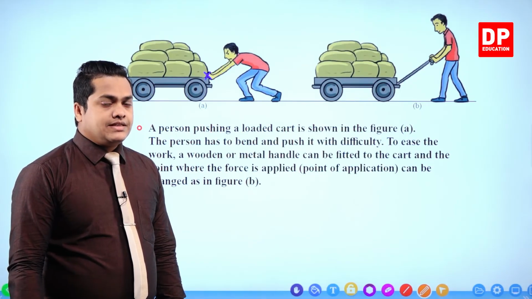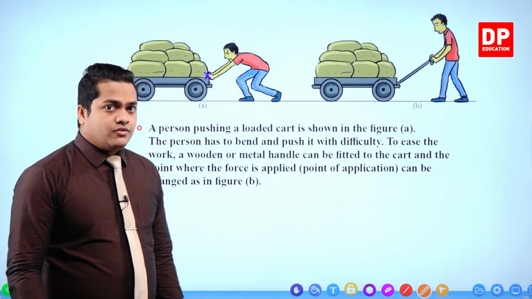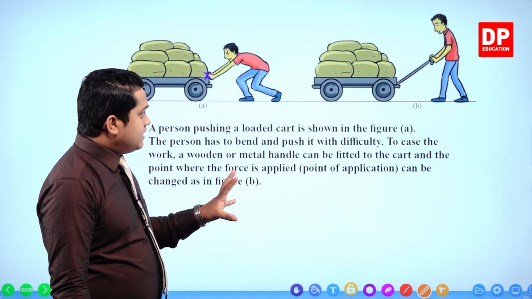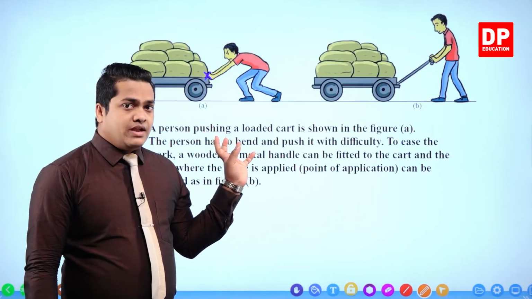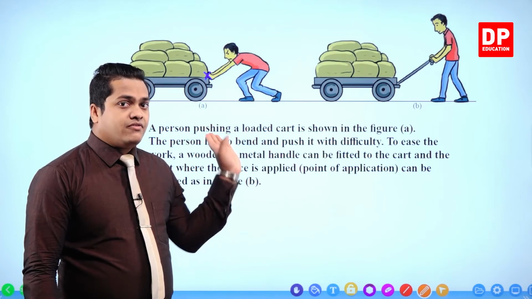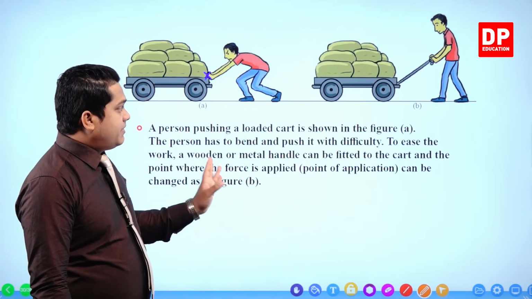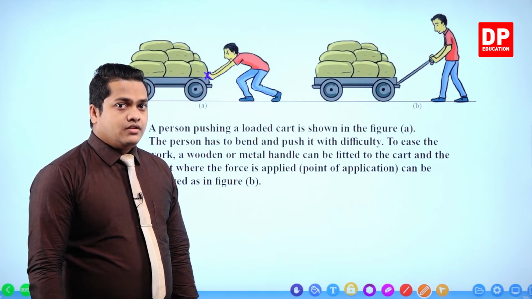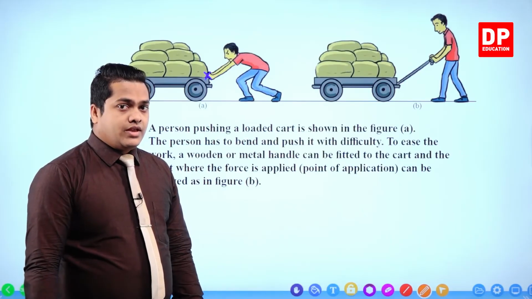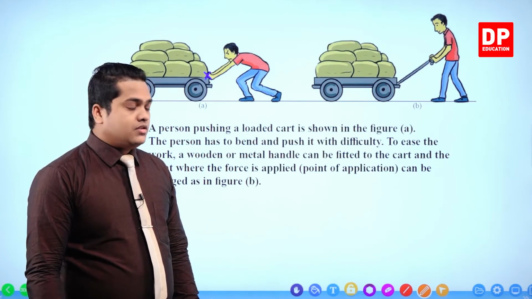You can directly see that the point of application is over here now. Now to apply the force to that kind of a place, he has to bend. It's difficult to bend and push it because there might be a case that he might fall. After traveling somewhat far, he might fall, right? Definitely he will fall. If there is a cliff or something like that, then he will definitely fall.